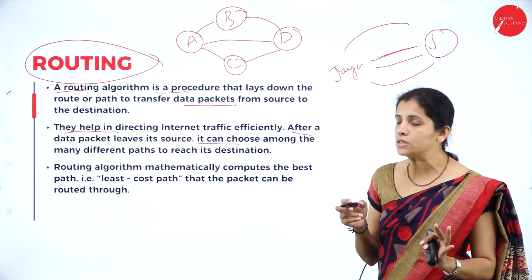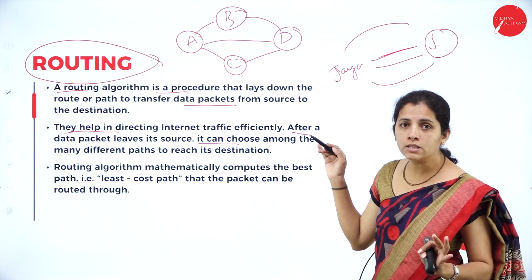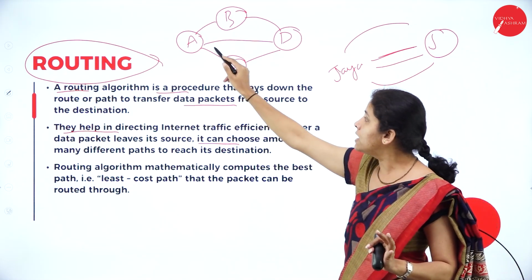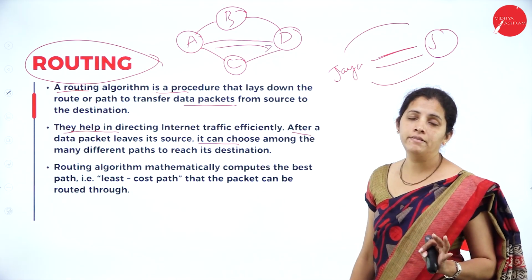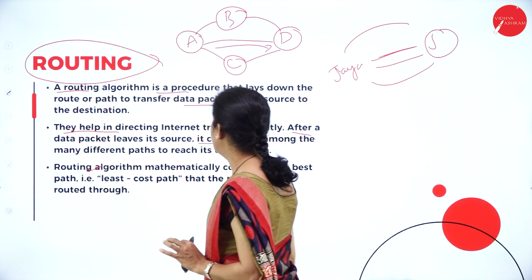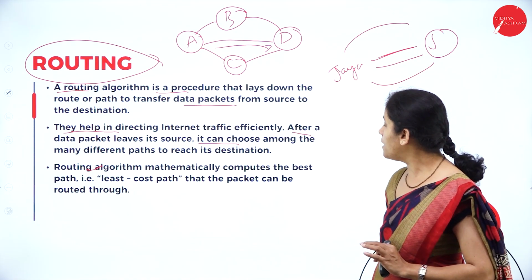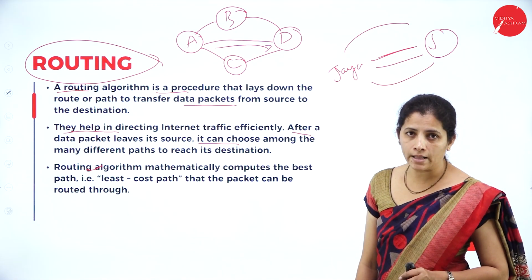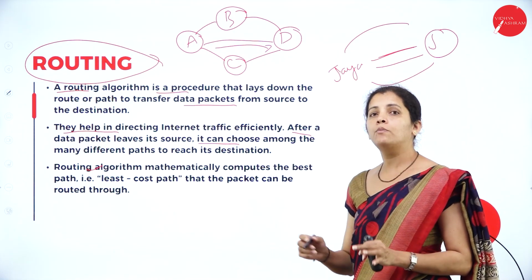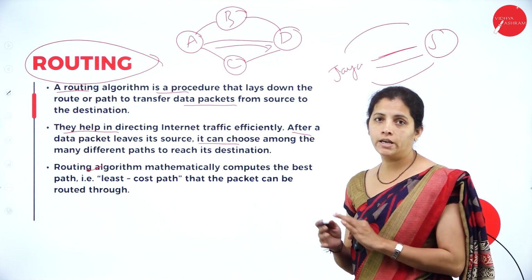Three possible routes. In that, I want to select the minimum distance so that the data can be delivered on time. So the routing algorithm mathematically computes the best path. So in the routing algorithm, what am I going to do? I'm going to construct the routing table.